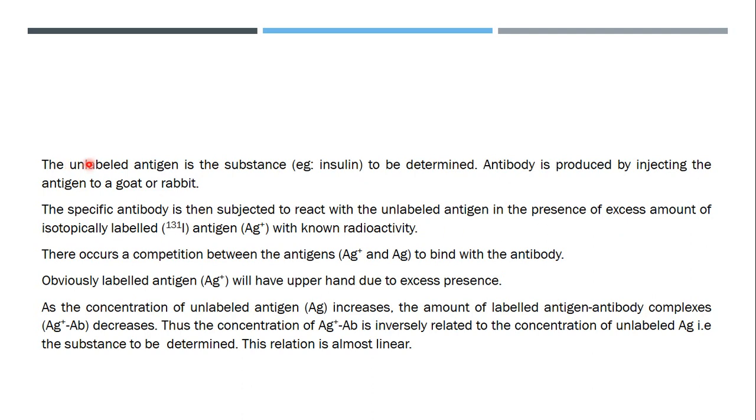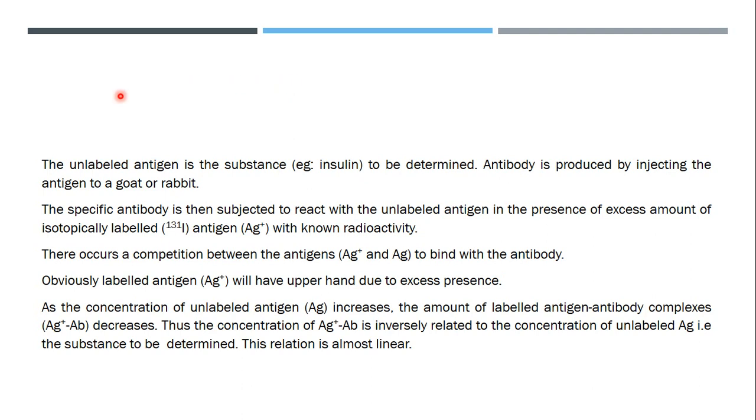Okay, so let us see here, unlabeled antigen is the substance, say for example insulin, to be determined. Antibody is produced by injecting the antigen to goat or rabbit. Now suppose we want to determine insulin from a patient's serum or from his blood sample.